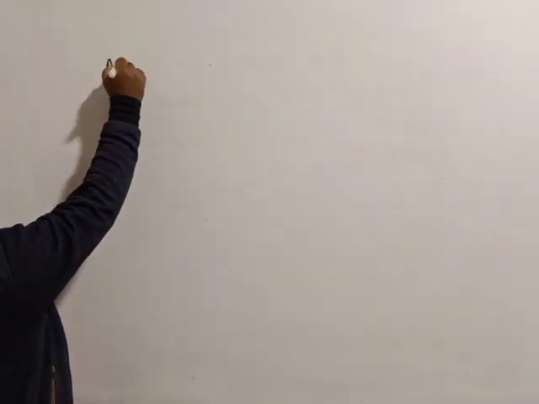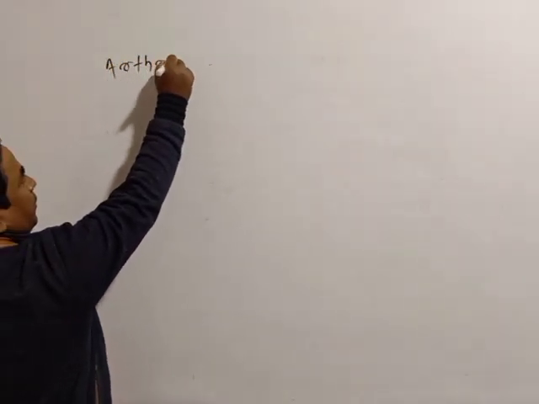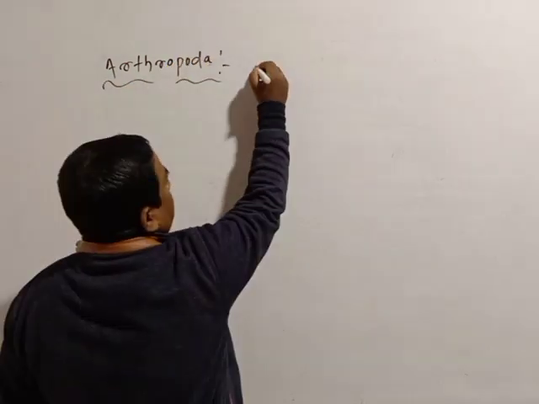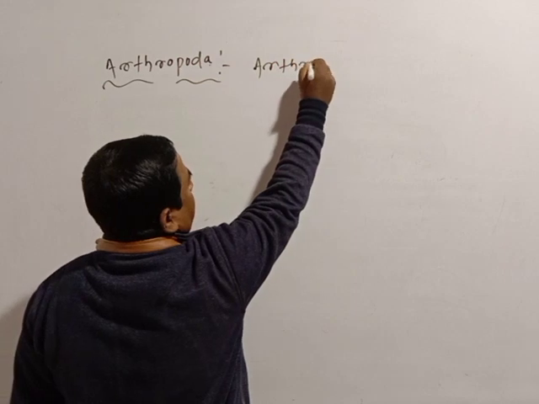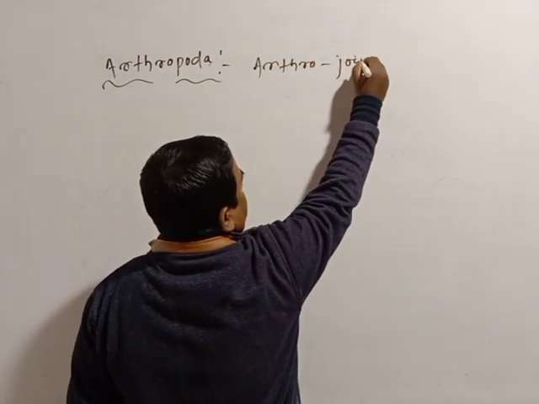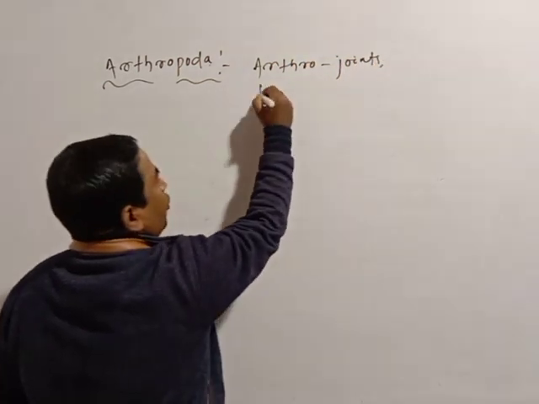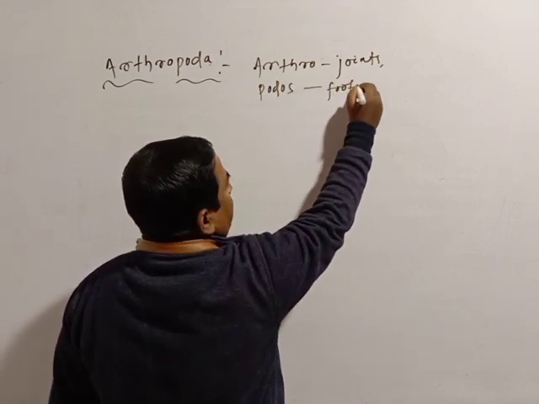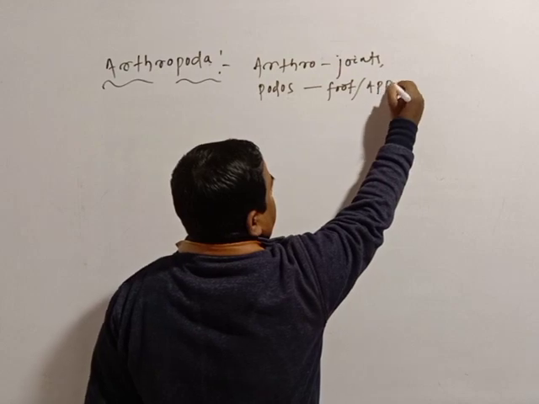Hello students, today we are going to discuss arthropoda. Arthro means joints, podos means foot or appendages.